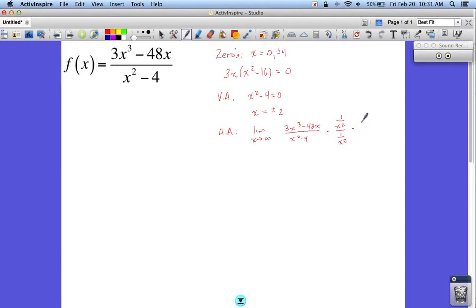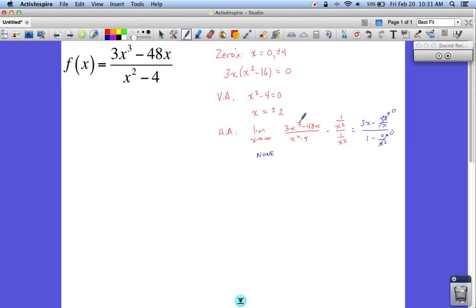And when I do that, I get 3x minus 48 over x, and in the denominator, I get 1 minus 4 over x squared. As I go to infinity, that disappears, and I have 3 infinity over 1. That equals infinity. Okay, so there is no horizontal asymptote.